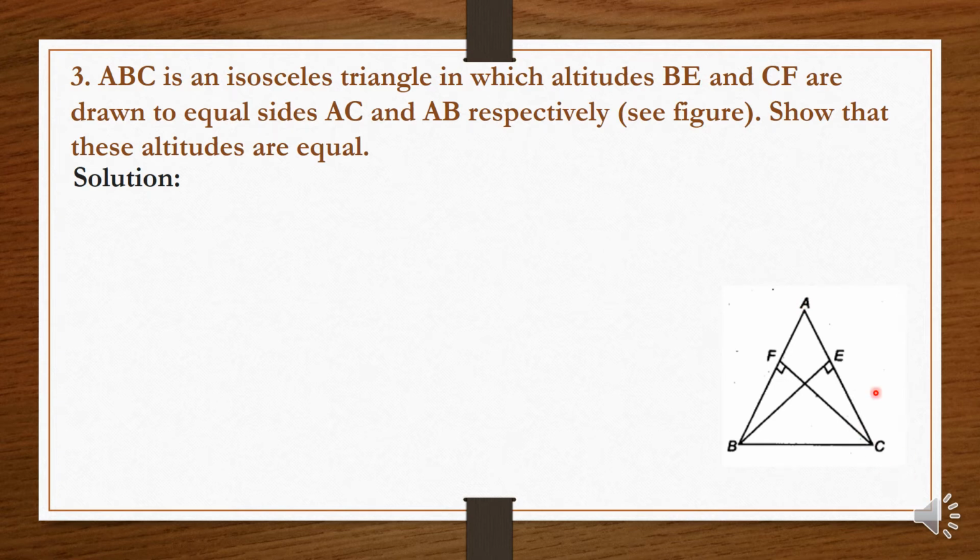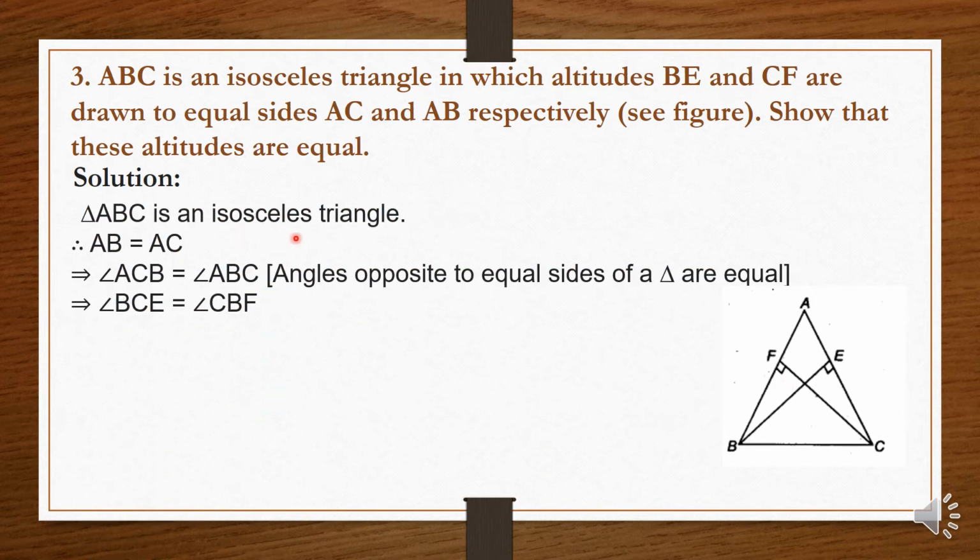It's also told that the altitudes BE and CF are drawn to AC and AB. That means BE is a perpendicular on AC and CF is a perpendicular on AB. That means angle BEC is 90 degrees and angle CFB is 90 degrees here.